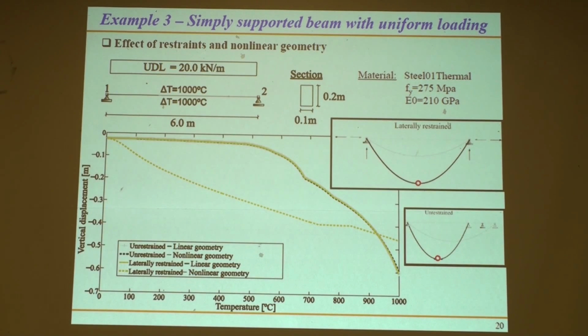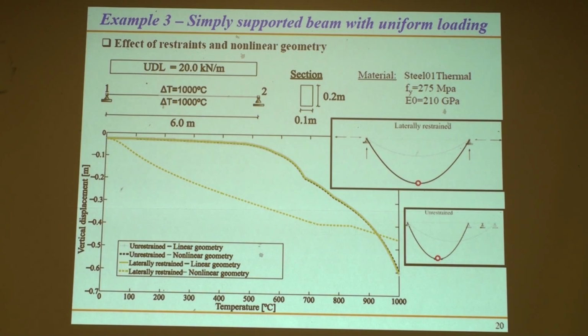So what if we then go and apply different sets of constraints, or restraints, at the end? We have the unrestrained case, and we have the laterally restrained cases, and I'm looking at linear geometry and nonlinear geometry for both. And now instead of looking at the horizontal displacement at that tip, we're going to look at the vertical displacement in the middle, so we can compare the lateral restraint to the unrestrained case.